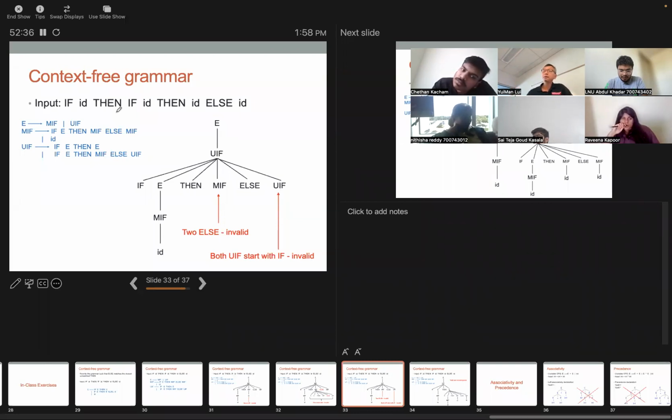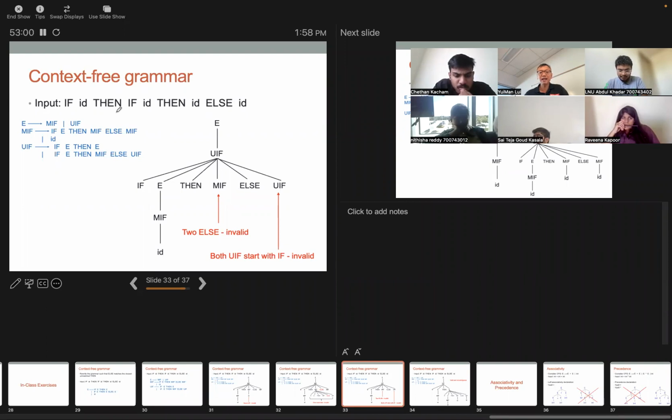And then the first token already matches if. So the second one is ID. So for ye, ID is only in MIF, right? So I have to choose MIF. So I choose a second ye, replaced by MIF, and MIF will be replaced by ID. All right, so far so good, no problem.